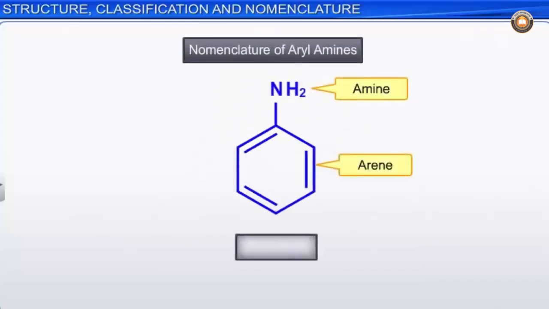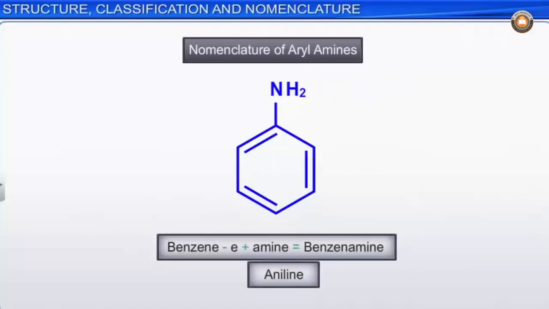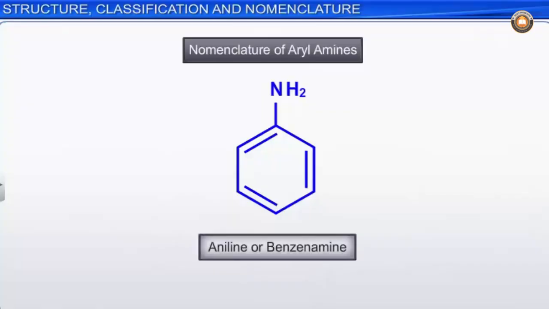Now let us see the nomenclature of aryl amines. While naming aryl amines according to the IUPAC system, the suffix E of the arene is replaced by amine. Thus, in the IUPAC system, aniline is named benzenamine. Note that aniline has also been accepted as the IUPAC name.